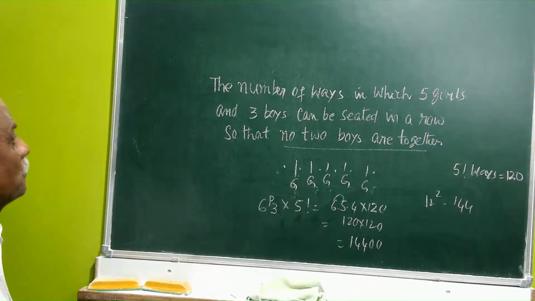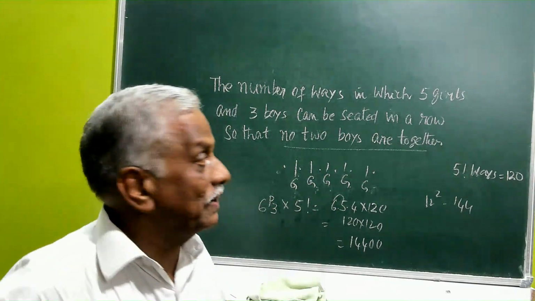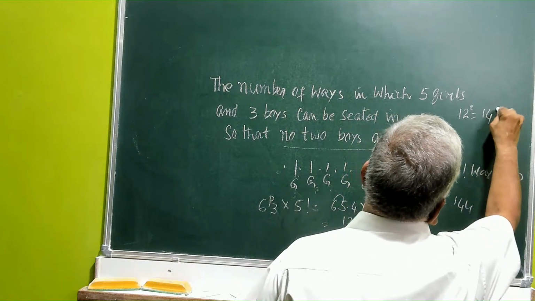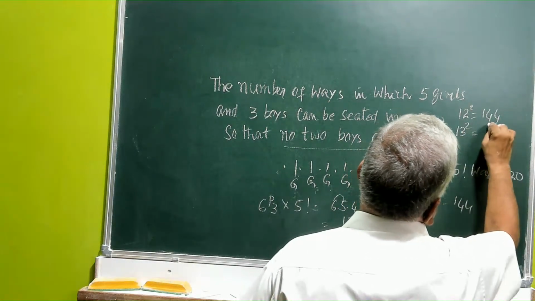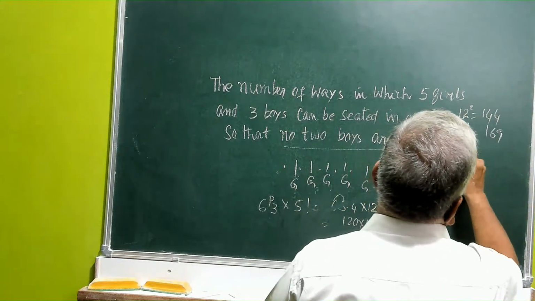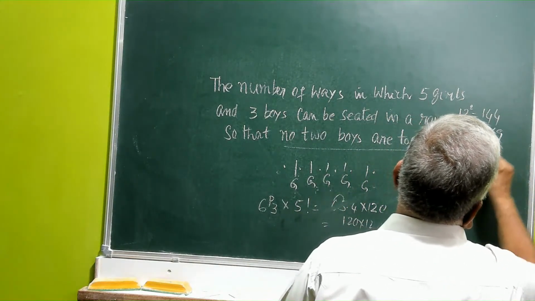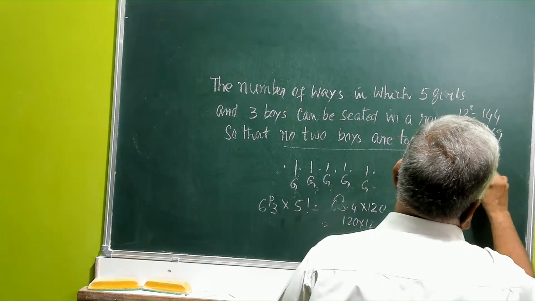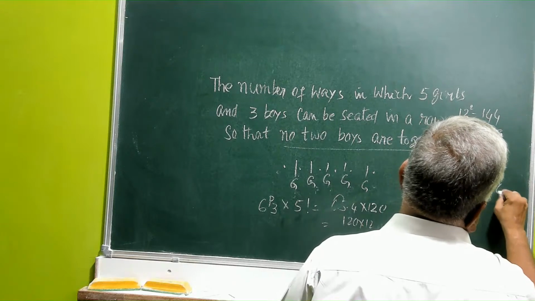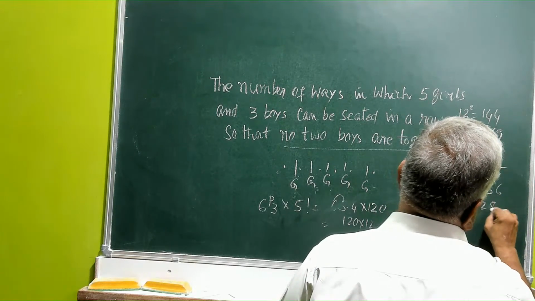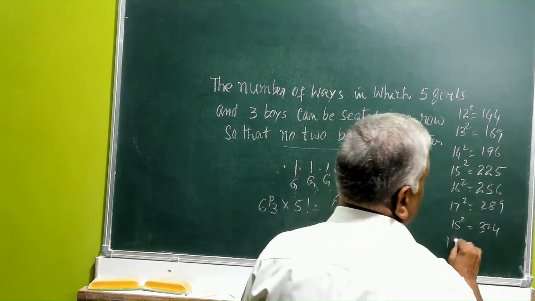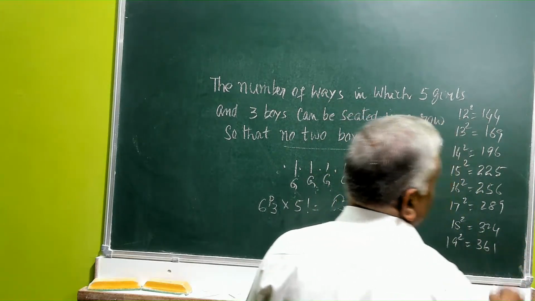I would always ask the student to remember up to 18 square. What is 12 square? 144. 13 square? 169. 14 square, 196. 15 square, 225. 16 square, 256. 17 square, 289. 18 square, 324. 19 square, 361.